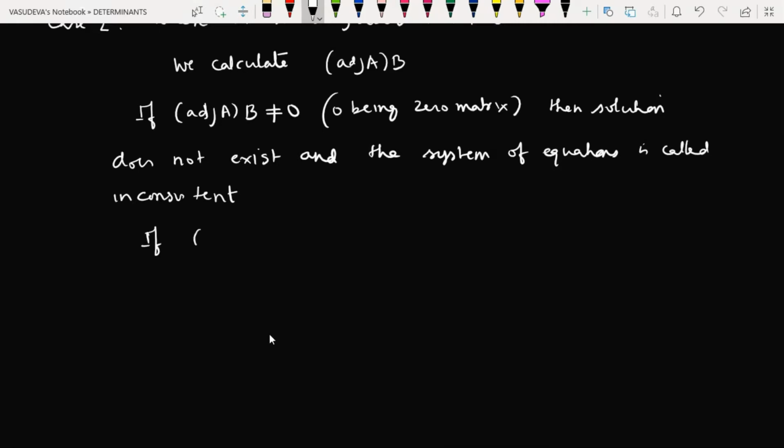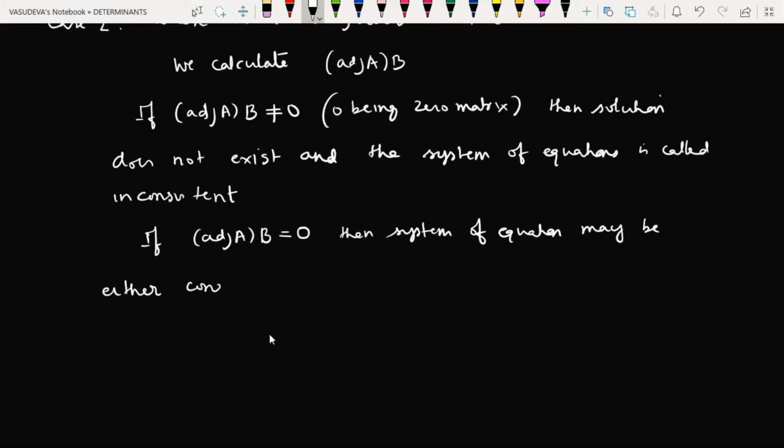If adjoint of A into B is not equal to 0, we have taken that here. Suppose if adjoint of A into B equals 0, then the system of equations may be either consistent or inconsistent. Accordingly, if adjoint of A into B is equal to 0, if it is consistent, the system has infinitely many solutions.